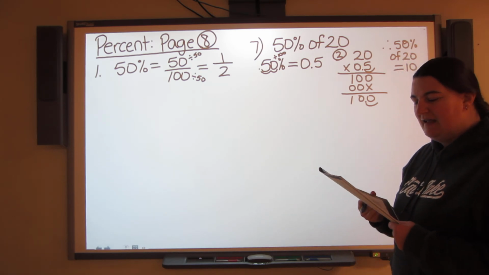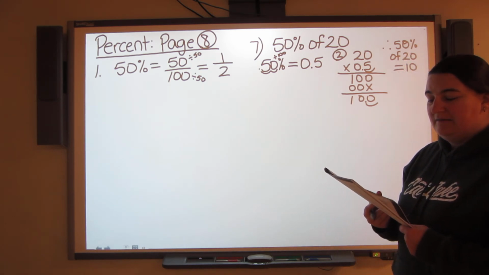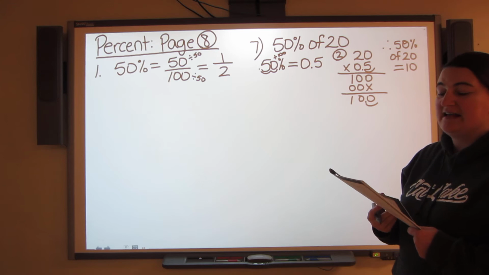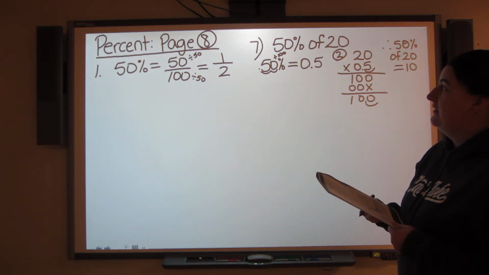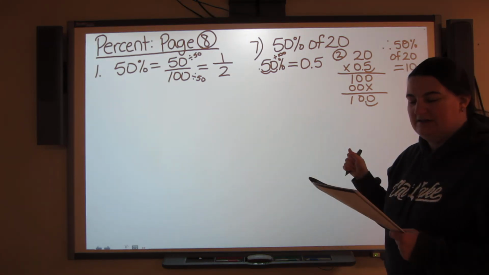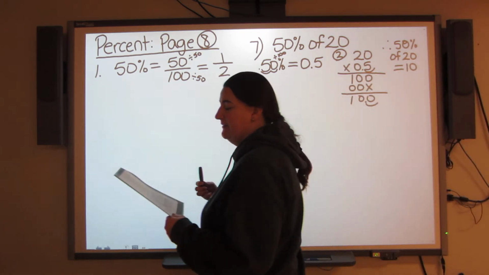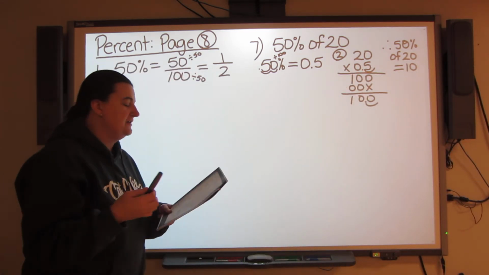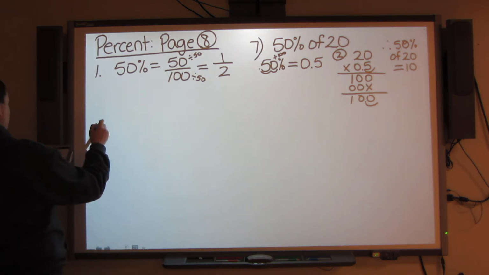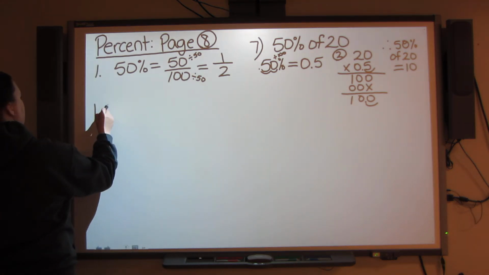All right. Number 15 is the same thing. Now it says estimate, but I want you to actually answer these questions. So don't just estimate, don't guess. I want you to use the steps to figure it out. So 50% of 195. So we're on number 15 now.